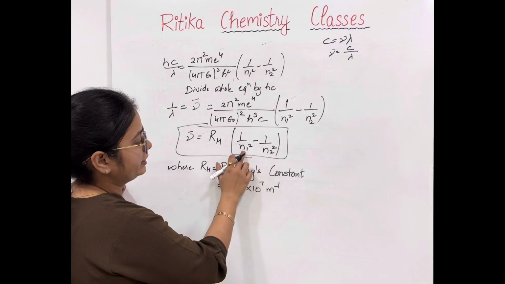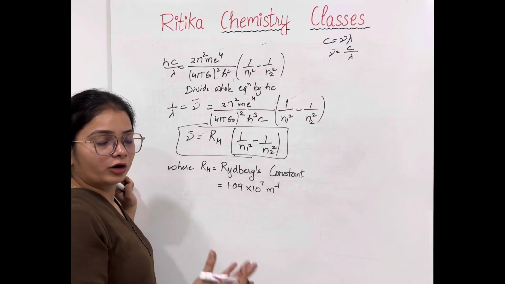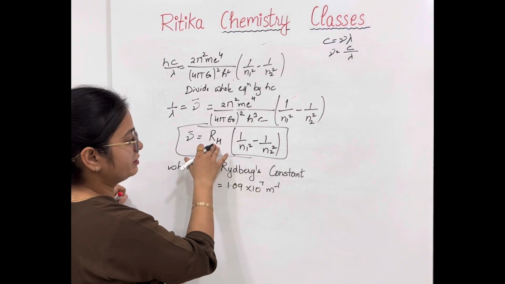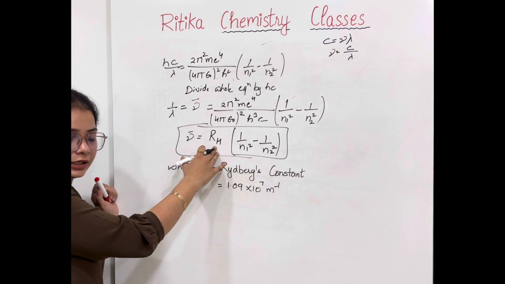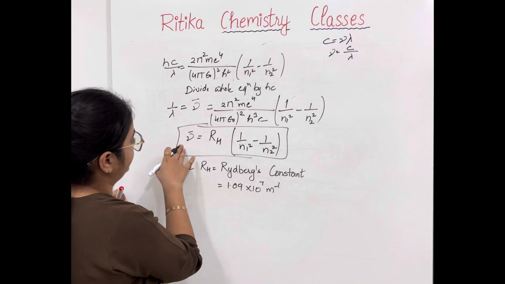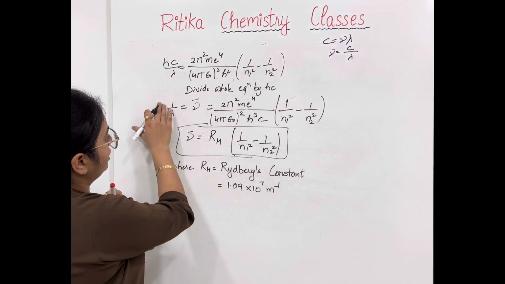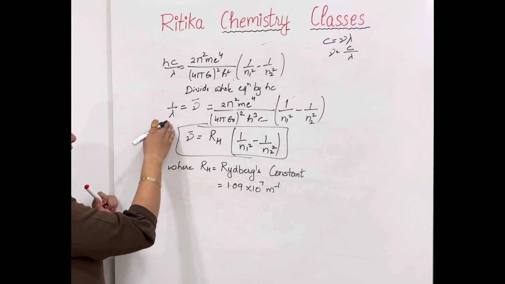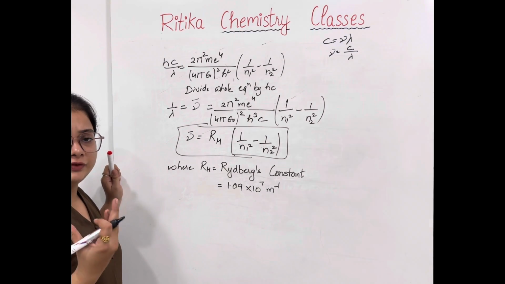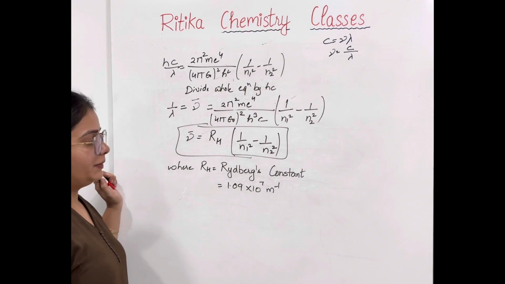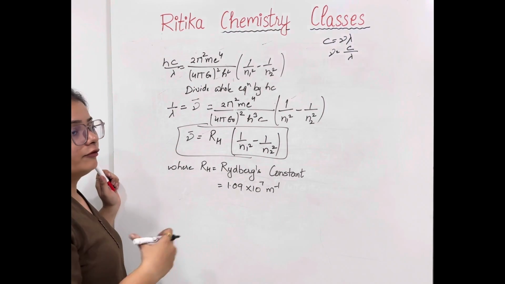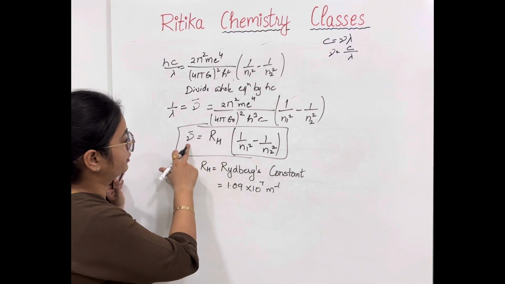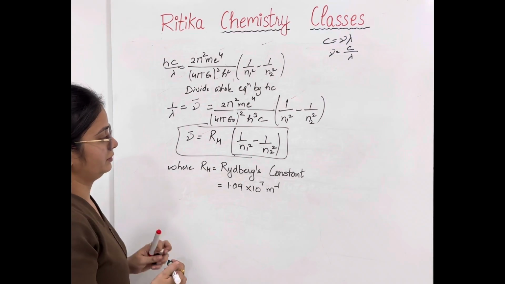You know n1 square represents the orbit, which has no dimension, so this is dimensionless. This is Rydberg's constant whose units we want to find out. And on the left hand side we have wave number, which is 1 upon lambda, and you know the unit of wavelength is distance, either meter or centimeter. So 1 by lambda will become 1 by meter or 1 by centimeter. So that's why the unit of Rydberg's constant is per meter. Thank you.